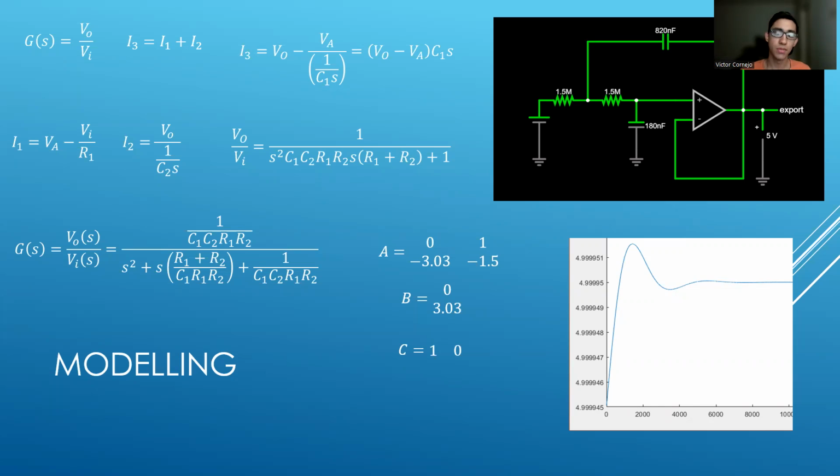After that, we needed to obtain our transfer function G in the complex variable S domain, which means our transfer function would be Vo, the output voltage, over Vi, the input voltage. We used Ohm's law and Kirchhoff's current law to solve the system, and we obtained our transfer function so we can work around it to design the controller.